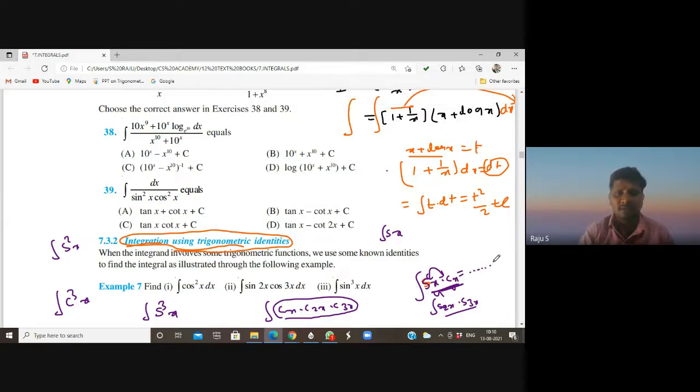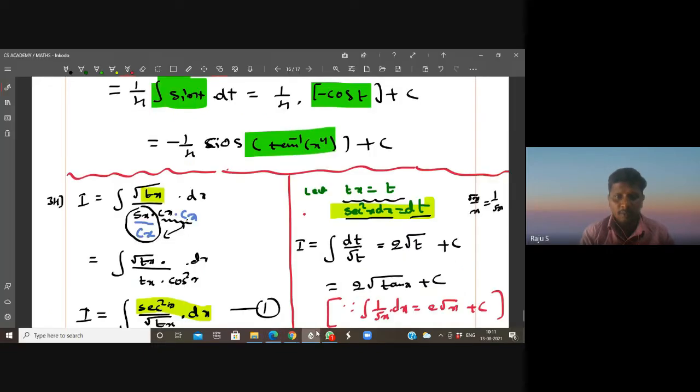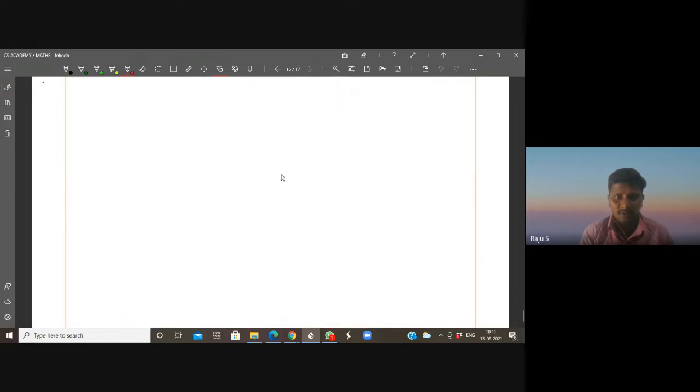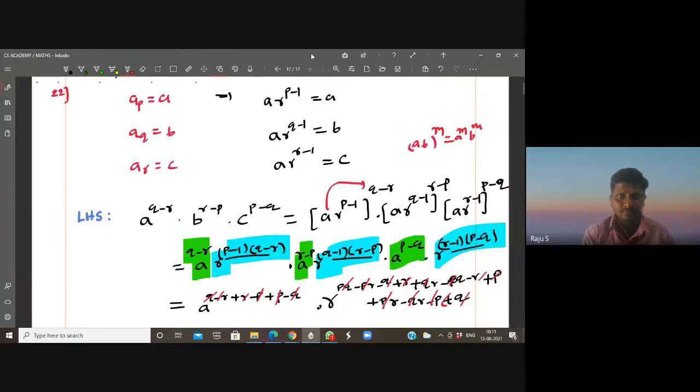We won't get the answer. Integral cos x becomes sin x, sin becomes cos x, like that it will go on. Okay, so in that case, how will we do? We can use the trigonometric identities. So I'm going to give some formulas. Everyone should remember. Based on those formulas, we can do the next exercise 7.3.